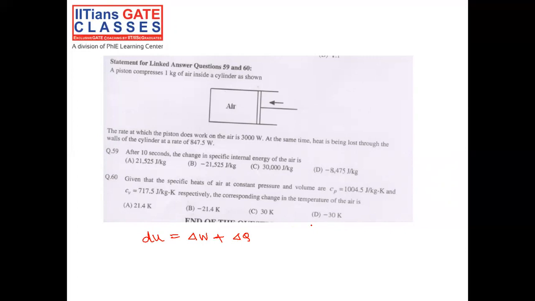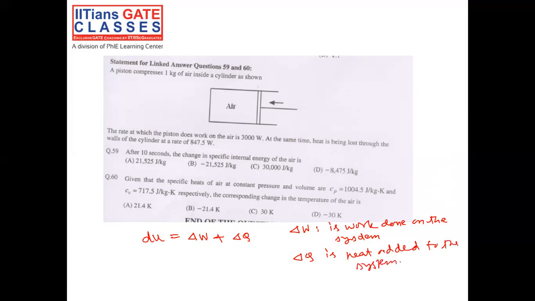Here delta W is work done on the system, and delta Q is heat added to the system, right? And dU is the change in internal energy of the system.